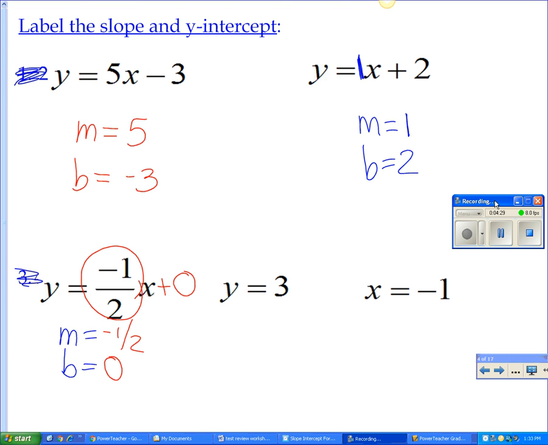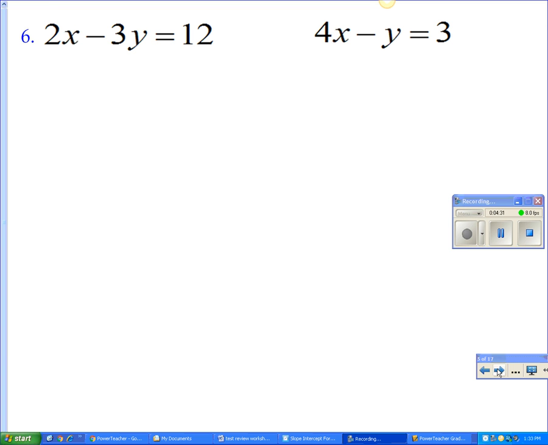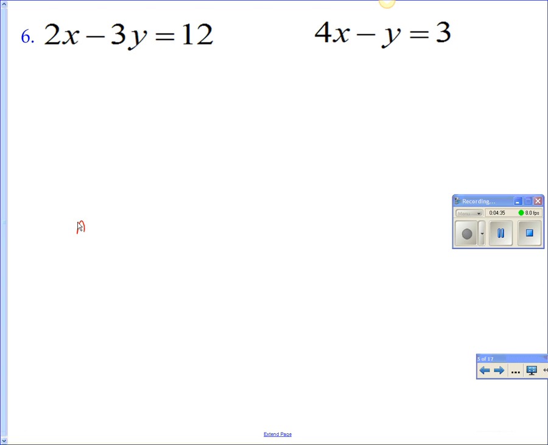Okay. Now, number 6. In a minute, we're going to put what m and b equal. However, we cannot say what m equals and b equals yet because it's not in y = mx + b form yet.